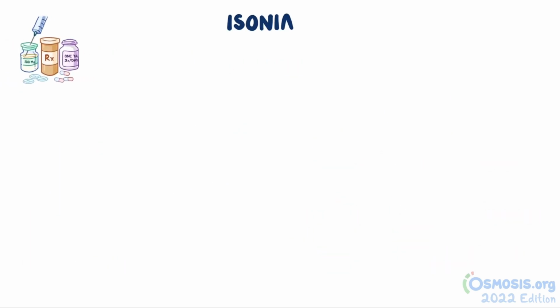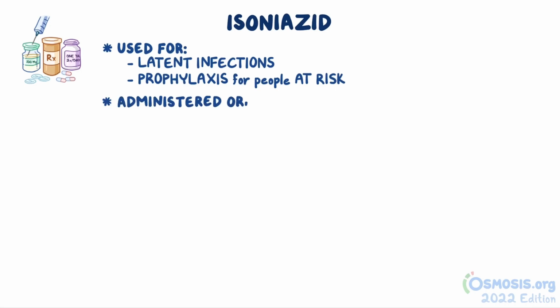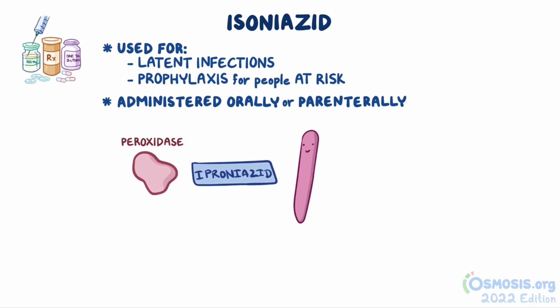Let's start with isoniazid. It can be used on its own to treat latent infections and as prophylaxis for people at risk for TB. Isoniazid can be administered orally or parenterally. In order to work, it's first converted by a mycobacterial enzyme called peroxidase into its active metabolite, iproniazid.